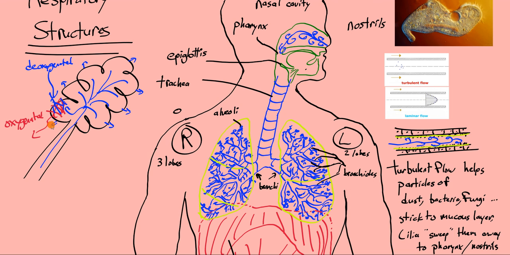So blood comes to your lungs, pumped by the heart's right here, comes to your lungs to pick up oxygen and to get rid of CO2. The oxygen that came in through your nostrils, nasal cavity, pharynx, past your epiglottis, down your trachea, through your bronchi into your bronchioles and alveoli, now will do external respiration.